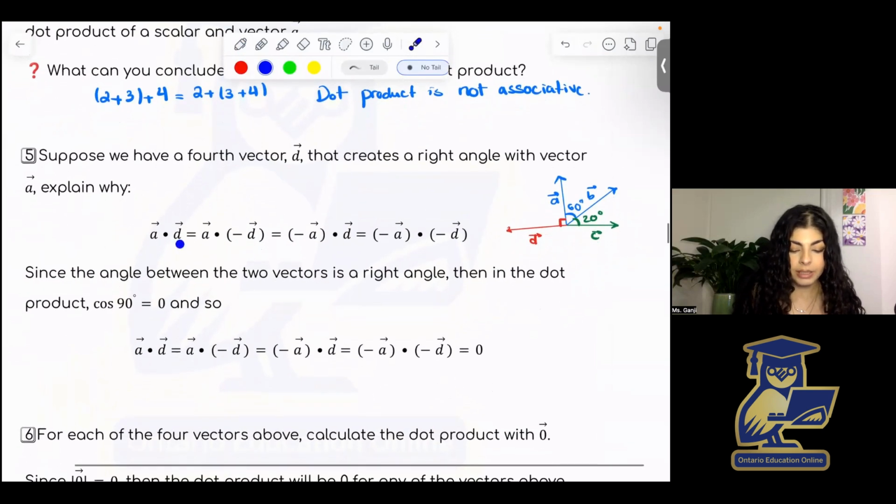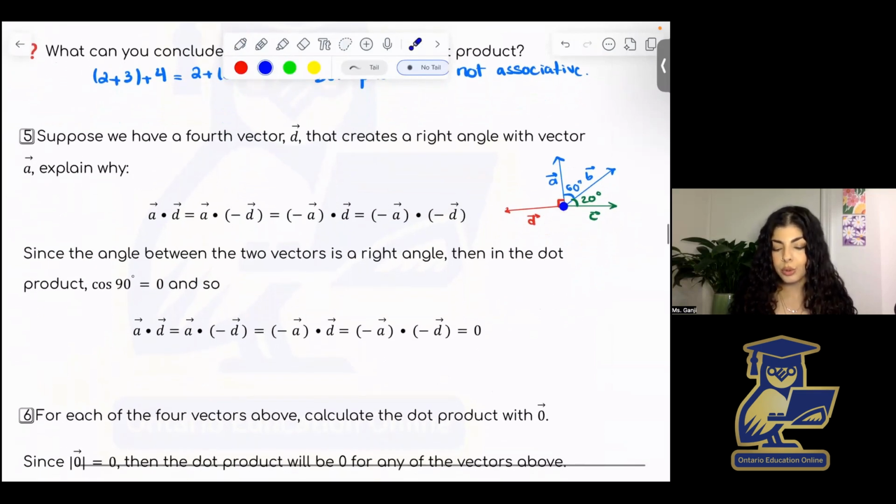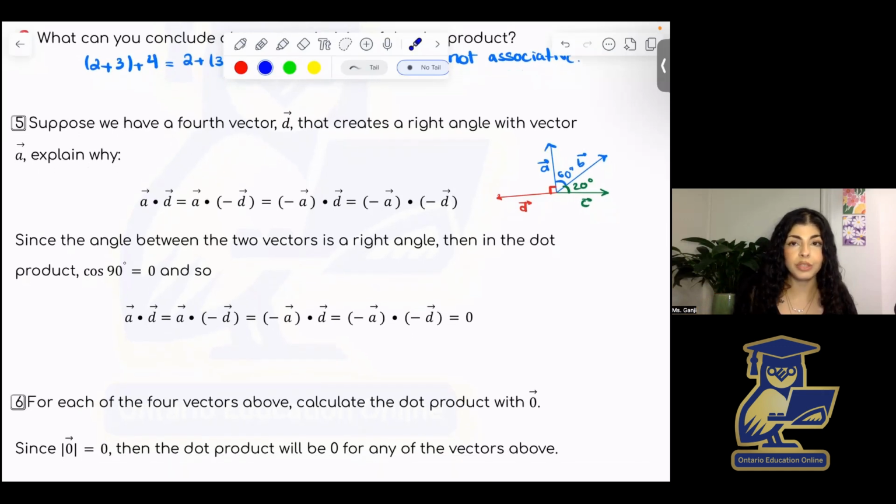So A dot product D is the same as A dot product negative D, or negative A dot product D, negative A dot product negative D. So the reason for this is when these two are perpendicular to each other, so they form a right angle, then the cosine of 90 degrees, as we said above, is equal to 0. So then all of these are actually equal to 0. It doesn't even matter what the magnitudes are or which vector and its opposite vector you're using to get the dot product.